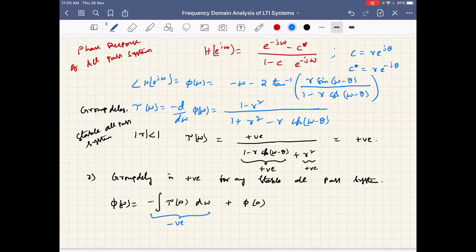And phi naught, if you substitute 0 here, is 0. So the whole thing phi of omega is negative. That is, the phase response is negative for an all pass system with mod r less than 1, that is, a stable system.